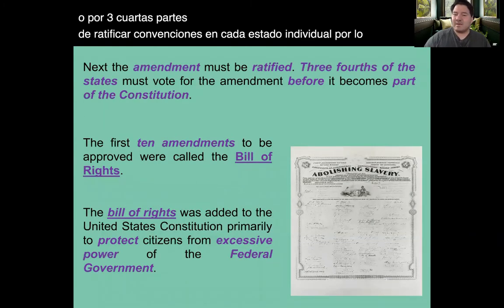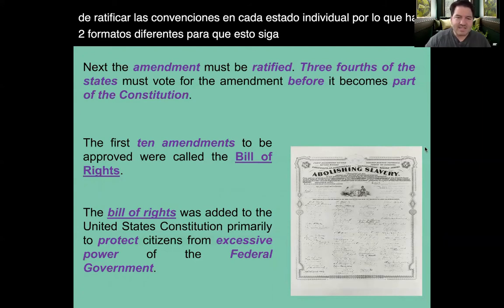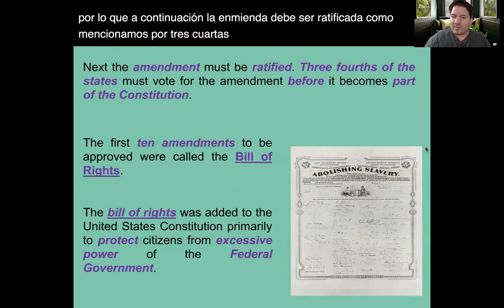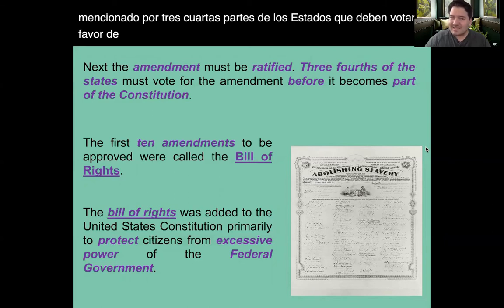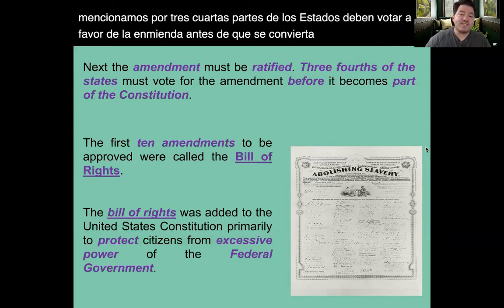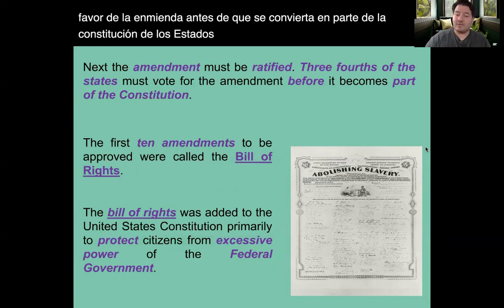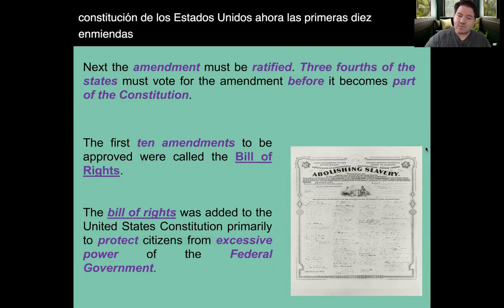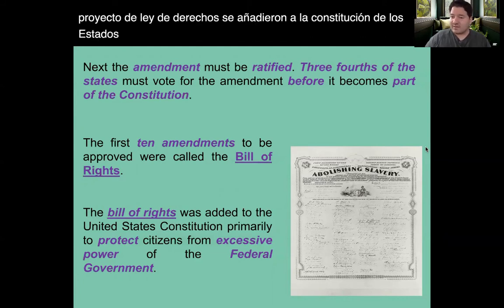So next, the amendment must be ratified, as we mentioned, by 3/4 of the states. They must vote for the amendment before it becomes part of the United States Constitution. Now, the first 10 amendments to be approved were called the Bill of Rights. And the Bill of Rights were added to the United States Constitution primarily to protect citizens from excessive powers of the federal government.